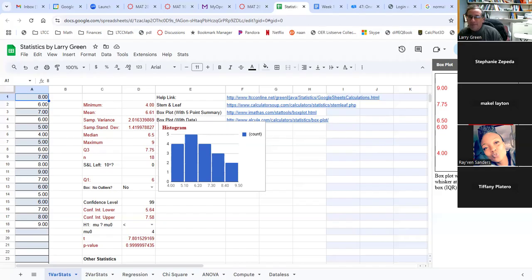Got it? This middle line here, which is 6.5, that was the median. This bottom of the box, which is 6 here, that is the first quartile, which I called Q1. And the top of the box is the third quartile, which is Q3.